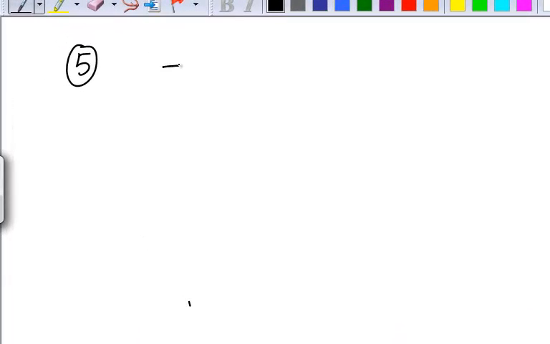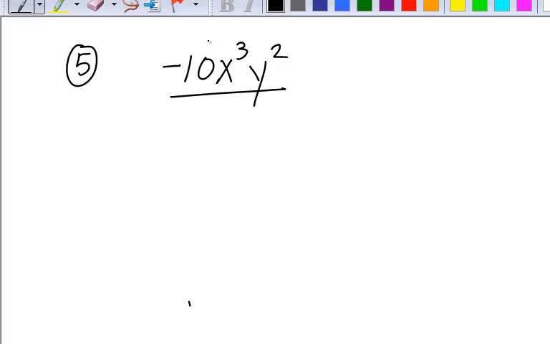Up on top is a negative 10, x to the third, y to the second. In the numerator is 9, x, y to the fourth, times. This one up in the numerator is 3y.